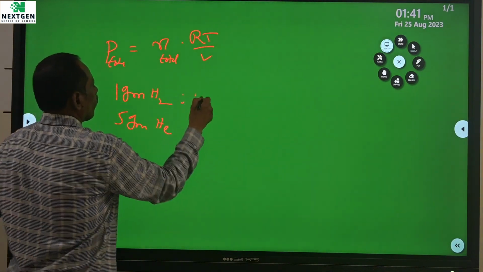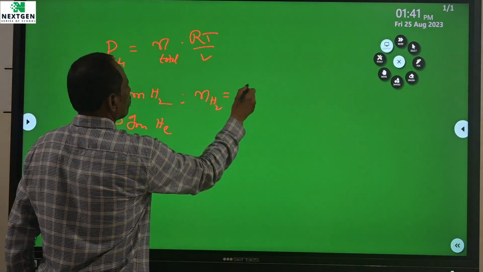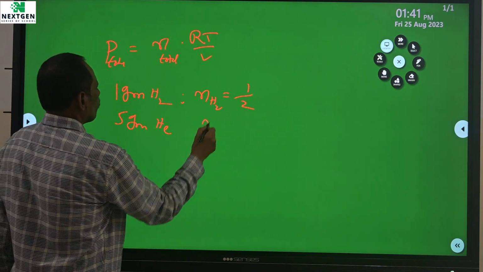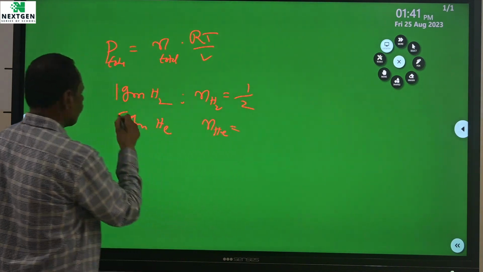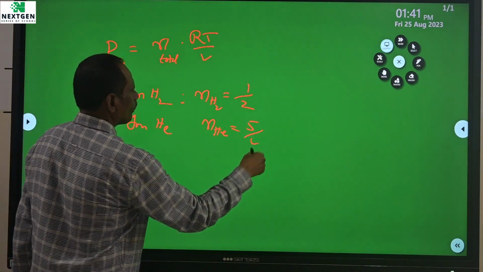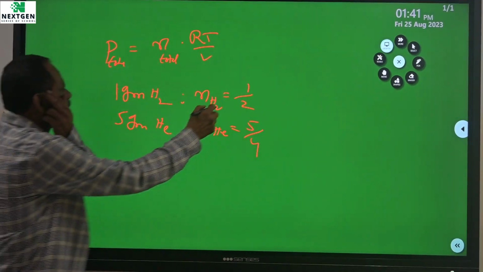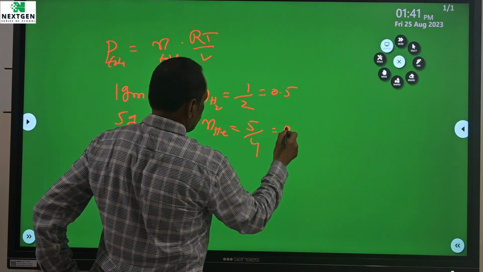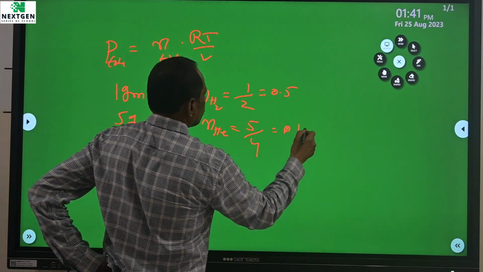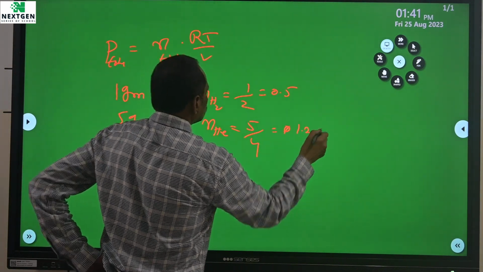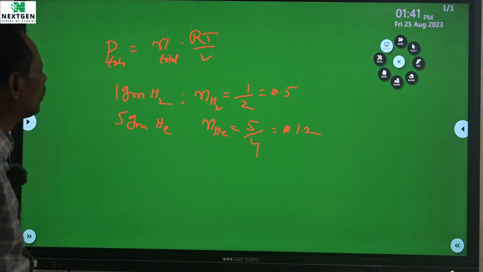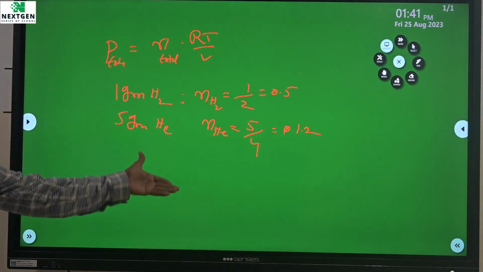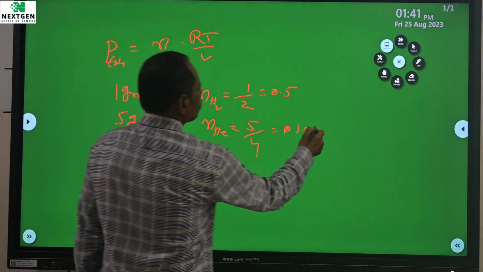You can calculate the number of moles. Number of moles of hydrogen is equal to weight of hydrogen by its molecular weight 2, and the number of moles of helium is equal to weight of helium, 5 grams, by its molecular weight. So it is 0.5. It is 1.25.